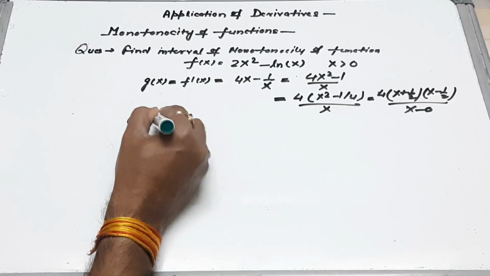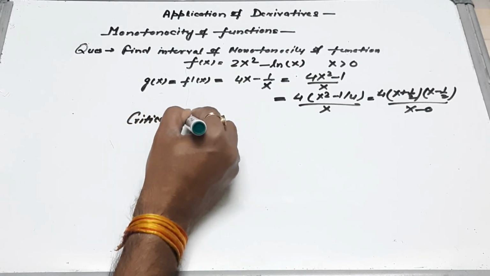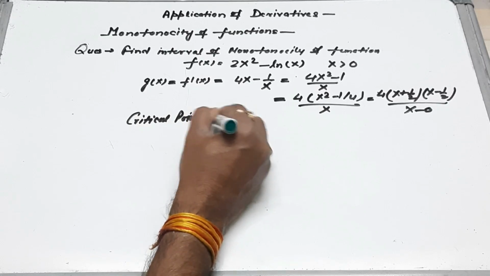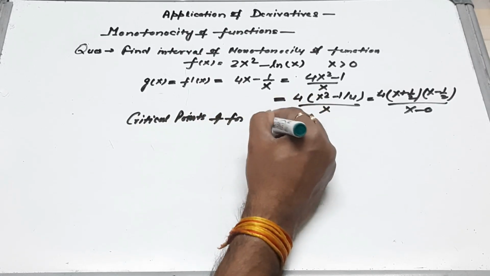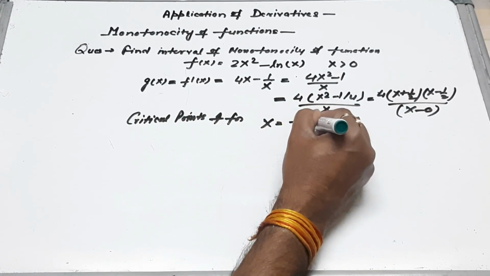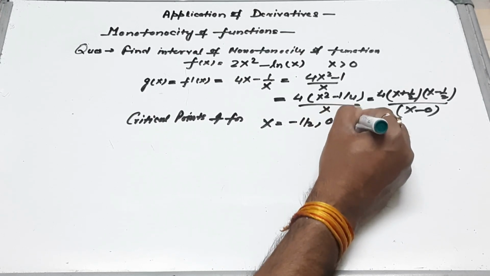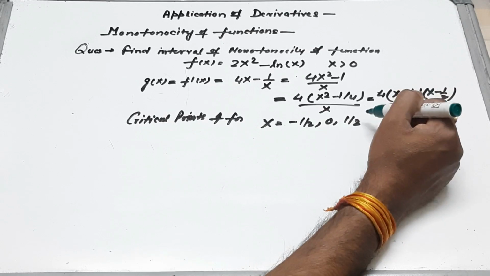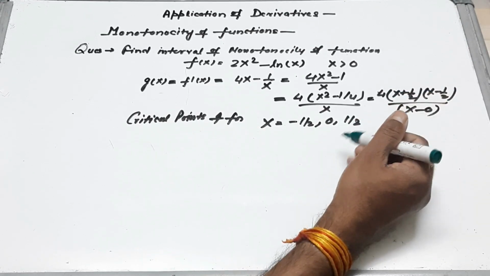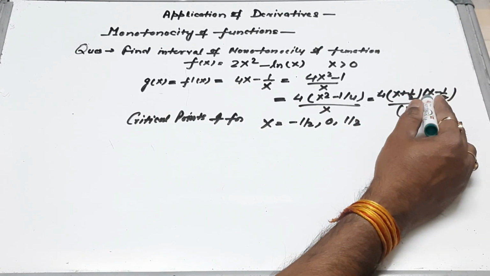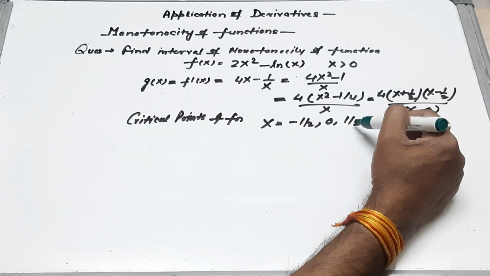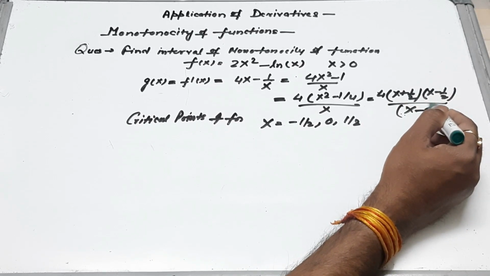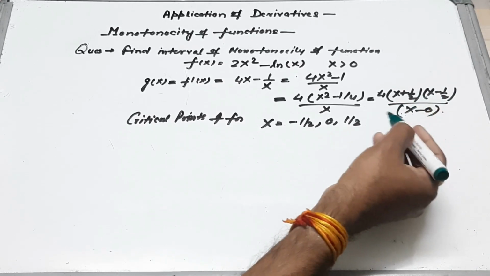The critical points of the function are x = −1/2, 0 and 1/2. Both the numerator's critical points and the denominator's critical points we will consider. Where the numerator factor becomes 0, that is also a critical point. Where the denominator factor becomes 0, that is also a critical point.